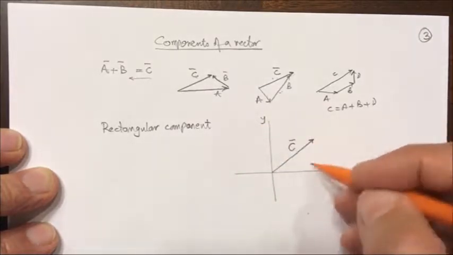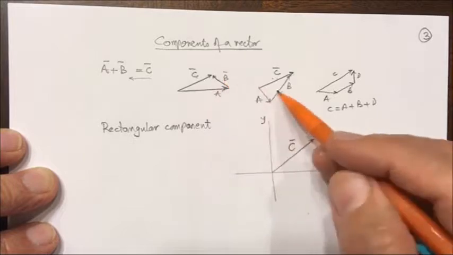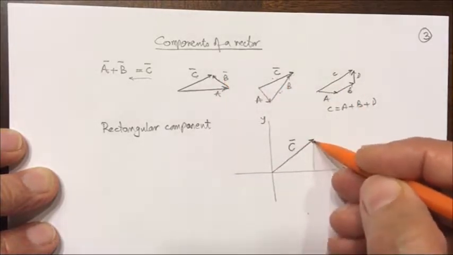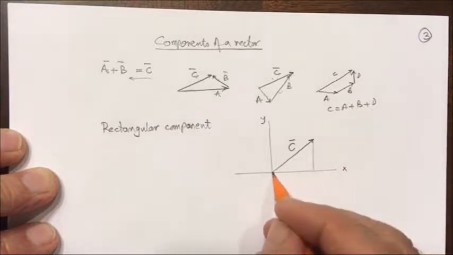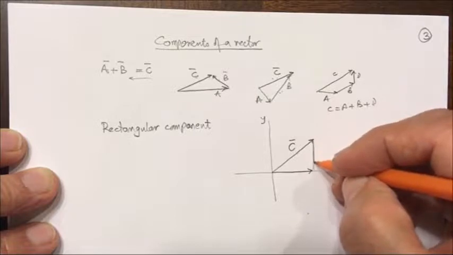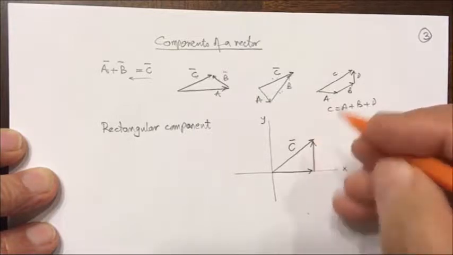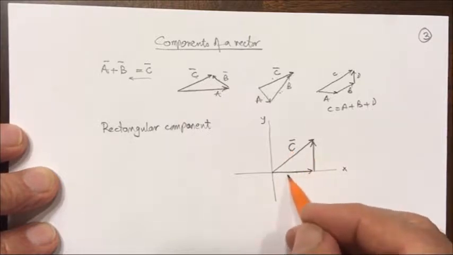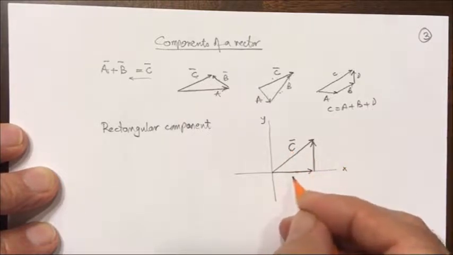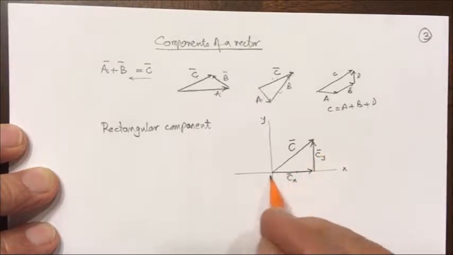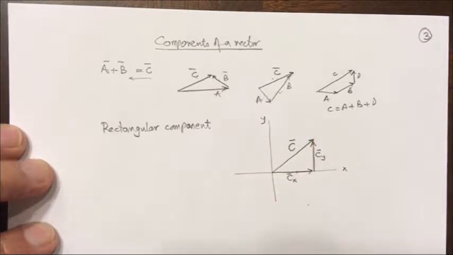Then if I break it up into two vectors like this, A and B, where I drop a perpendicular here, one vector is this one and the other is this one. So these two are the components of C. You can call them A and B, but we prefer to call them CX and CY because this one is in the X direction and this one is in the Y direction.